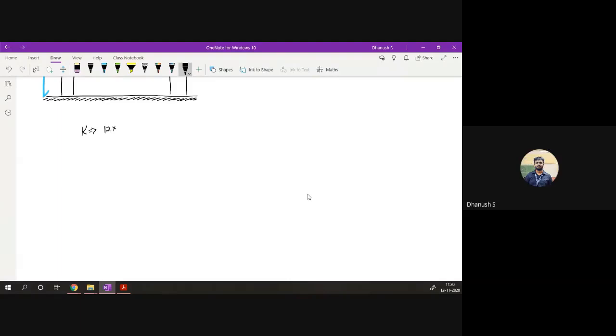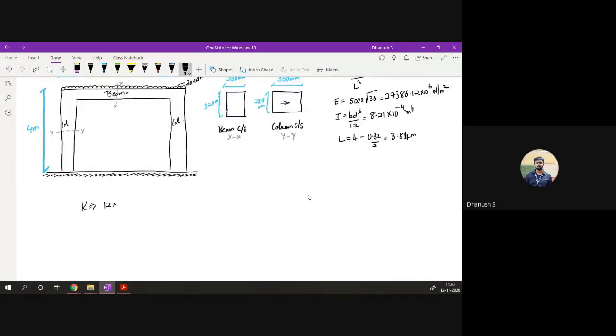First K: 12 into E, you have the values, substitute, into 8.21 into 10 raised to minus 4 divided by 3.84 cube. How much is this? 4.7 into 10 power 6.